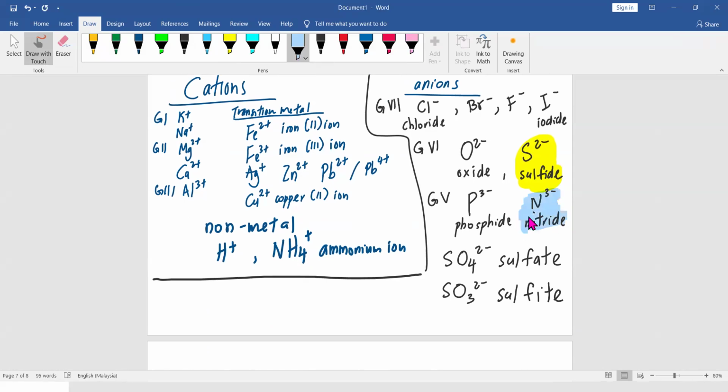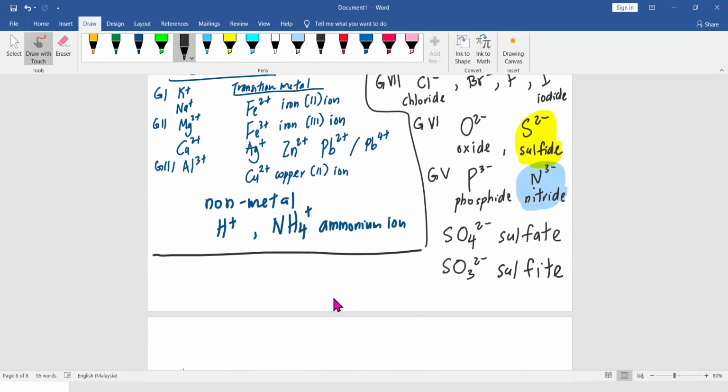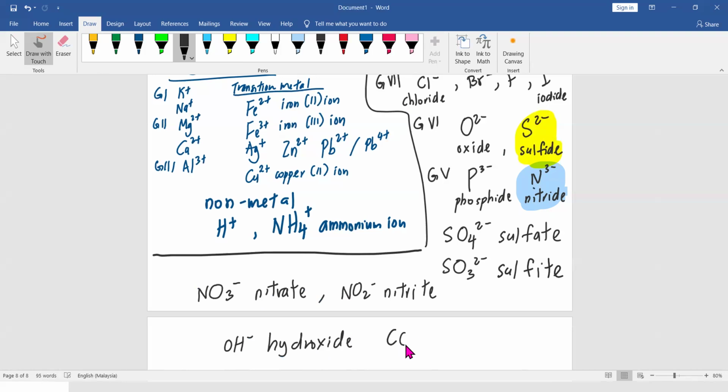N3- is nitride. NO3- is nitrate. NO2- is nitrite. OH- is hydroxide. CO3 2- is carbonate.